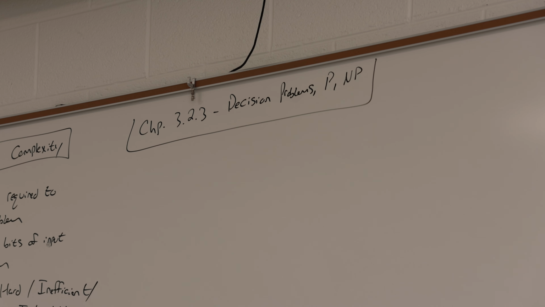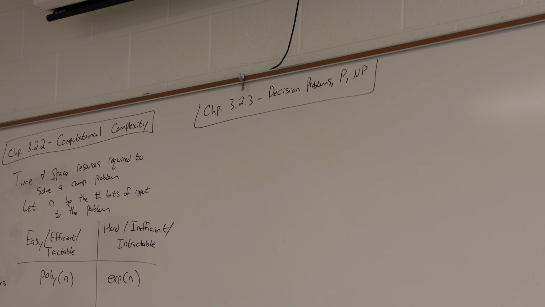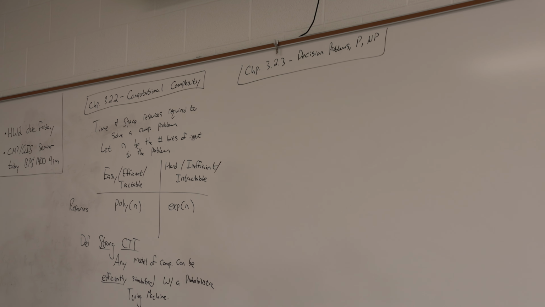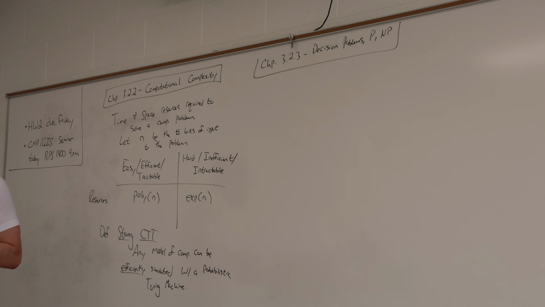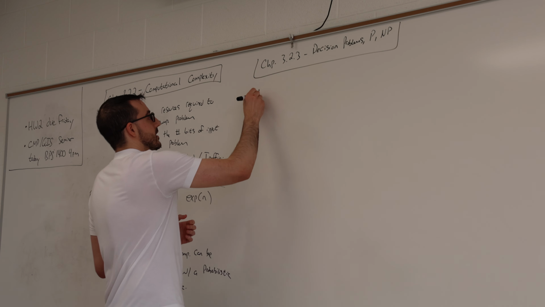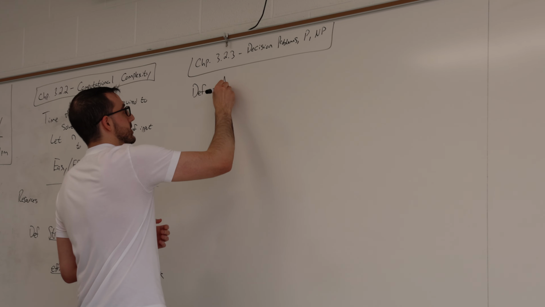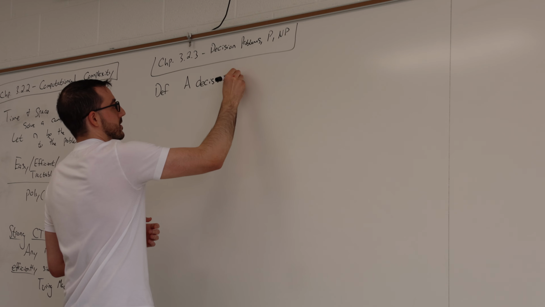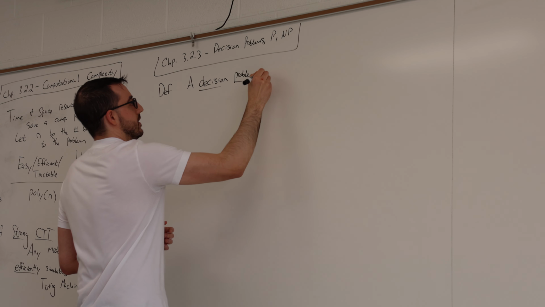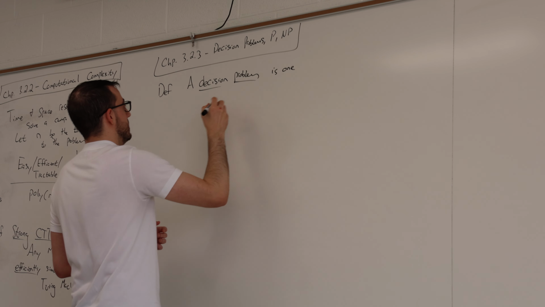So a decision problem intuitively is just one with a yes or no answer. So that's the intuition that I want you to have, and we'll be a little more formal about it. So a decision problem is one with a yes or no answer.